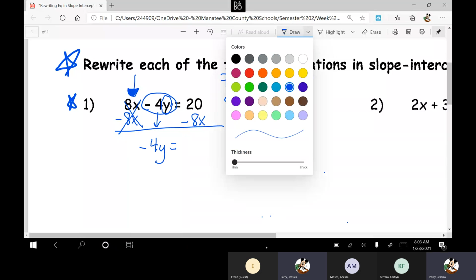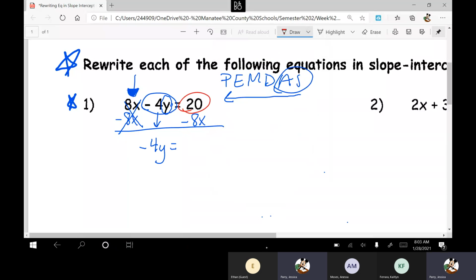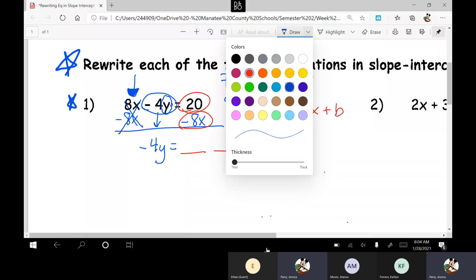And then we have here this 20 minus 8x. Those are two separate terms that cannot be combined, so I need to put them side by side. Remember your end result: we're putting it in slope-intercept form, the y equals mx plus b.